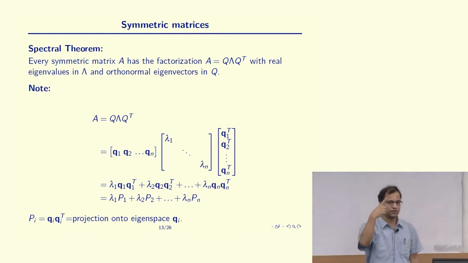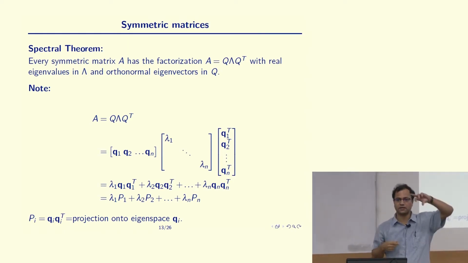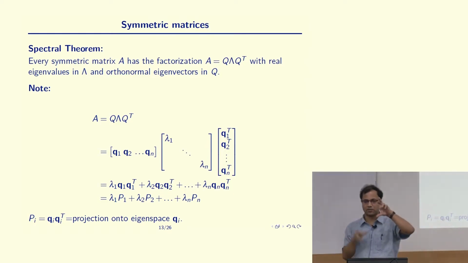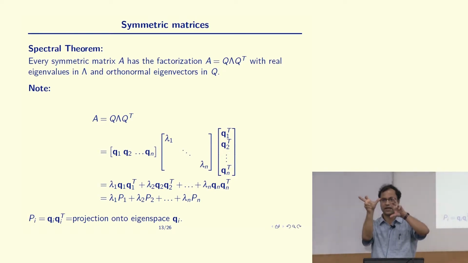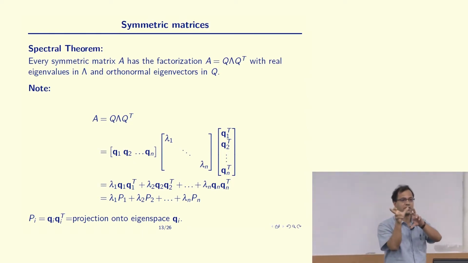We discussed this thing in the last lecture. If you remember, when you multiply a column vector with a row vector, we get a rank 1 matrix. It's not a real number.